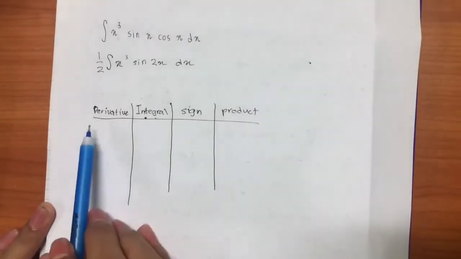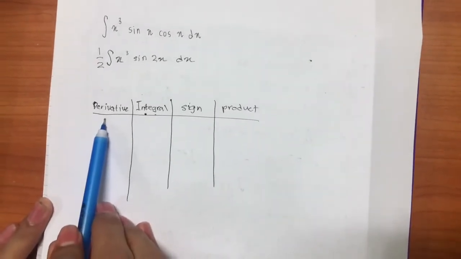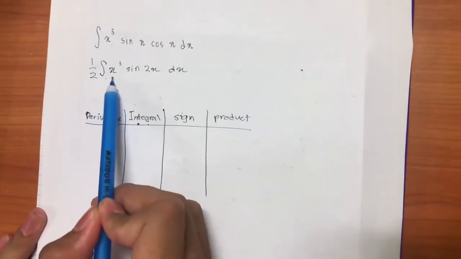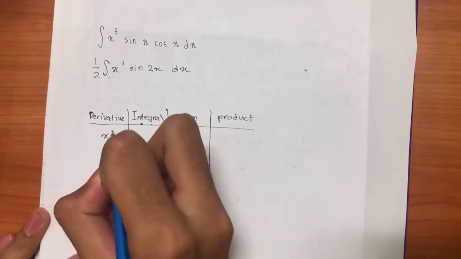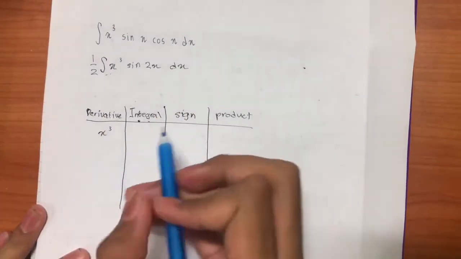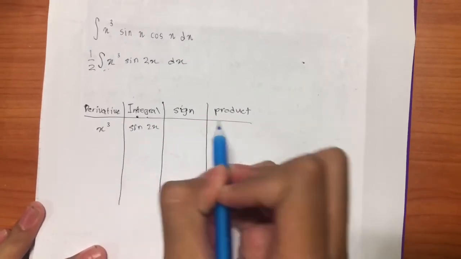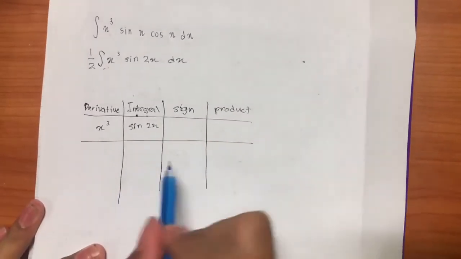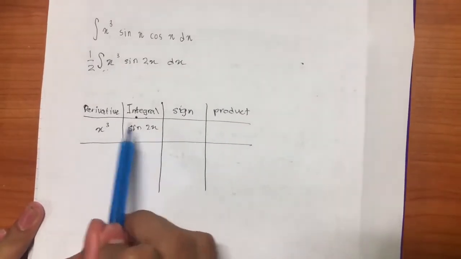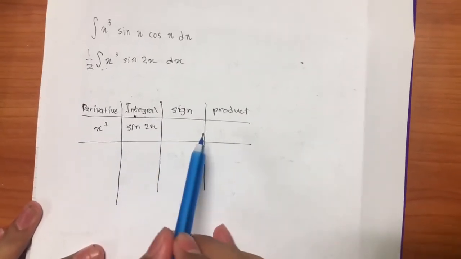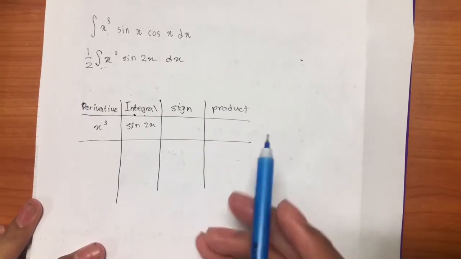So for the derivative part, we choose the x cube, and for the integral we choose the sin 2x. For the sign and product for this line, you can ignore it.